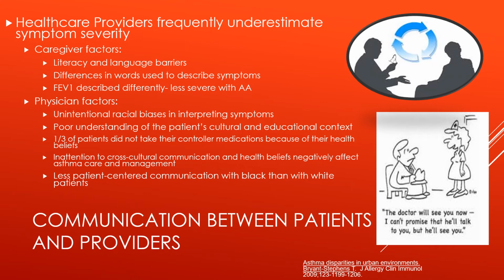Studies have demonstrated that healthcare providers frequently underestimate the severity of symptoms. So you say to yourself, why are they not getting it? There's a couple of reasons why. Number one, it could be a caregiver factor, which means it could be your parent or your grandmother who's actually explaining to the physician the symptoms that the patient has.